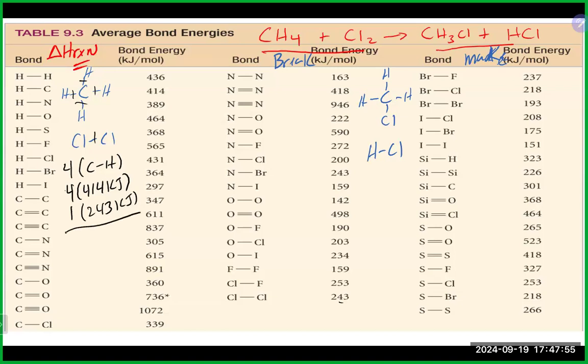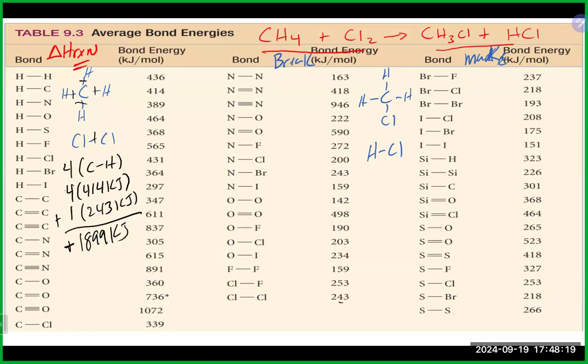And that's going to do it for everything I'm going to break. So that's going to be 4 times 414 plus, and again, we're adding this together, basically all the energy required, 243. It's going to give me 1899 kilojoules. This again is going to be a positive number because as we break bonds, it's endothermic. We put the energy in, so it should be a positive value.